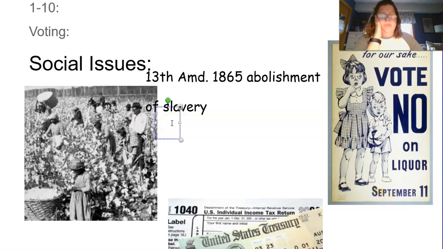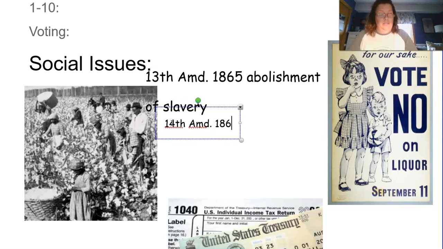And so there was big debate over what would be the political significance, the economic significance of former slaves. And that's where we end up with the 14th Amendment, which comes into the process 3 years later. Now, the 14th Amendment actually has two very important parts to it.